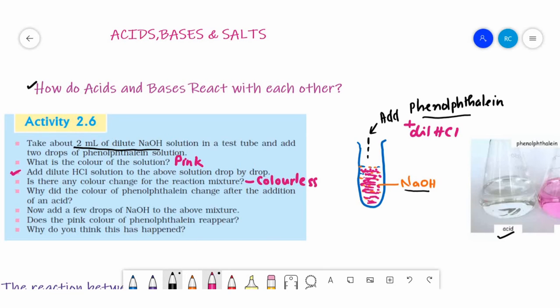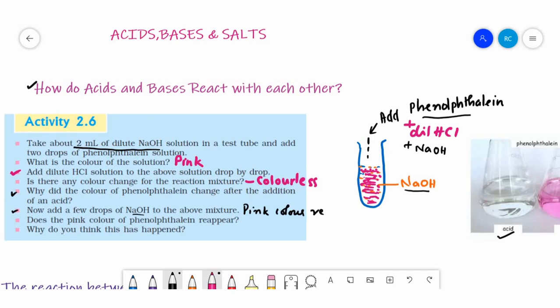Now, why did the color of the phenolphthalein change after the addition of an acid? Because phenolphthalein is colorless in acid media. Then add a few drops of NaOH to the above mixture. Then again we have to add NaOH. What will happen then? The pink color will reappear.